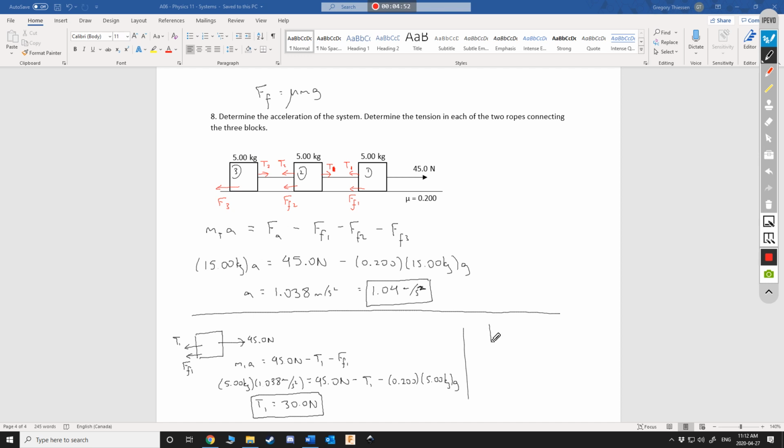We do the last one, we have that 5 kilograms at the end. Let's think of block 3. Block 1 was the first one. T2 minus the force of friction 3.